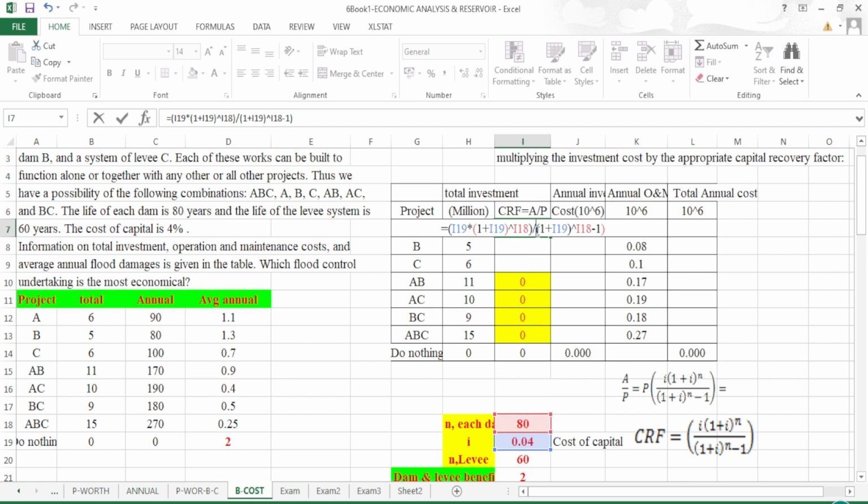Then the value of the capital recovery factor for project A is 0.0418.